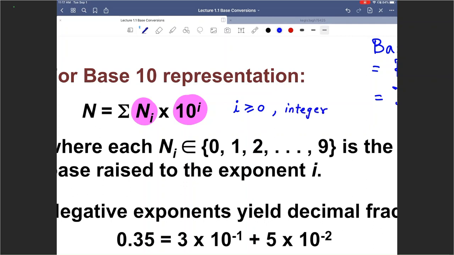So in the previous example, we had i from 0 and 1 and 2, and we added all of that up, right, to get the number. So 246 was represented as 2 and 4 and 6, the n i's, and we multiplied it with 10 raised to 0, 10 raised to 1, 10 raised to 2, and added those up to get our number. And you can do this for any number in the decimal number system.